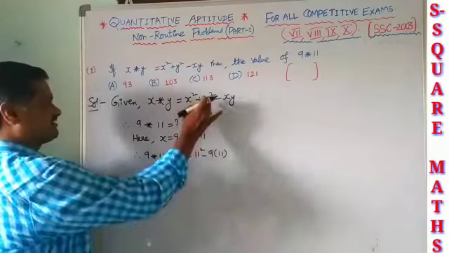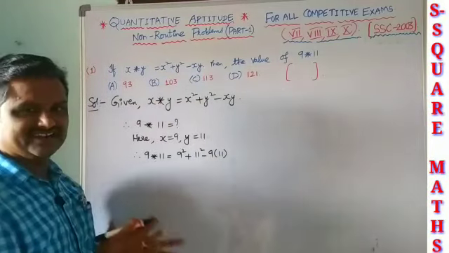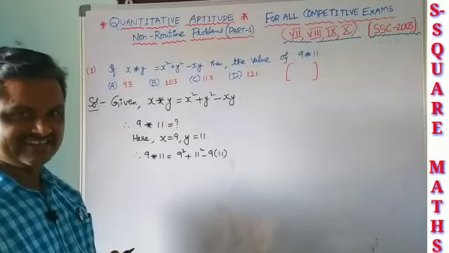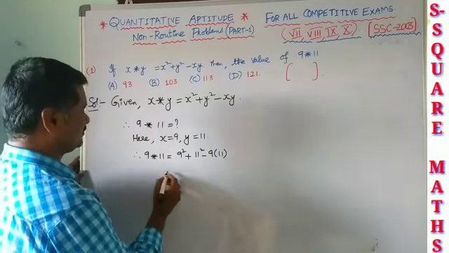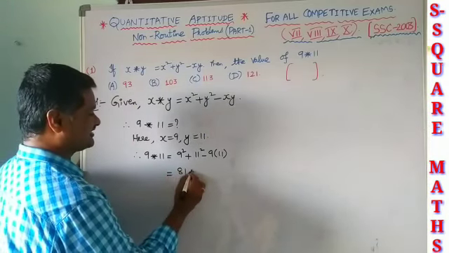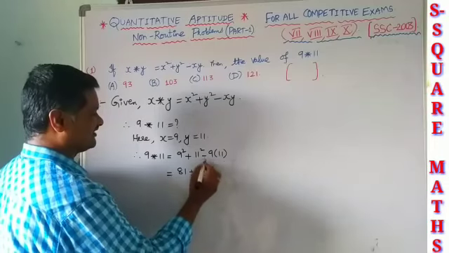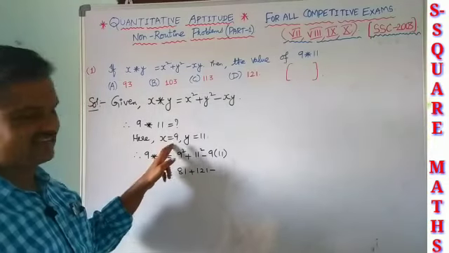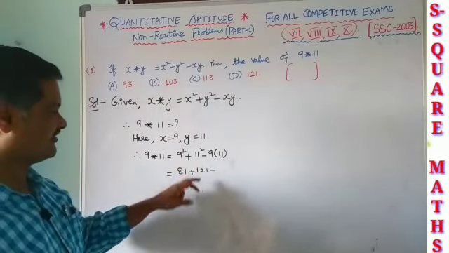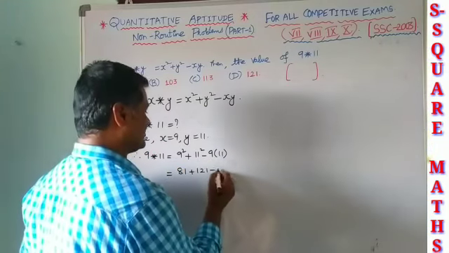So 9 square is 81, plus 11 square, 11 into 11 is 121, minus 9 into 11, 99.